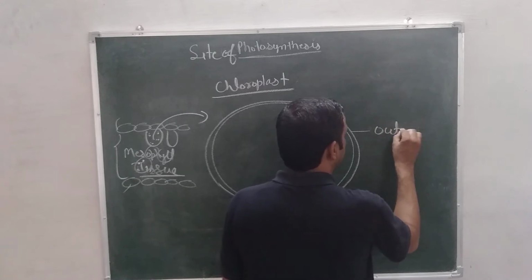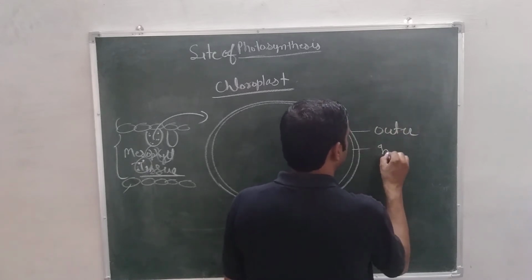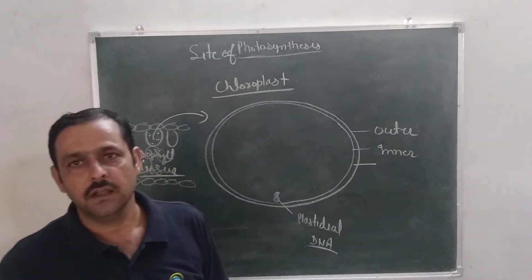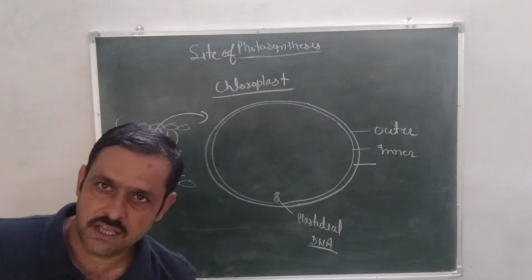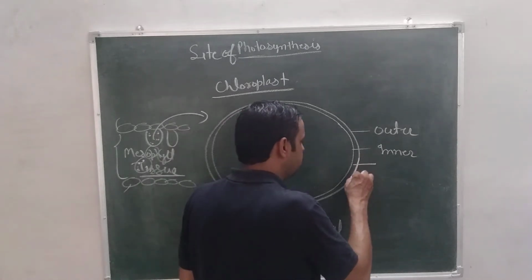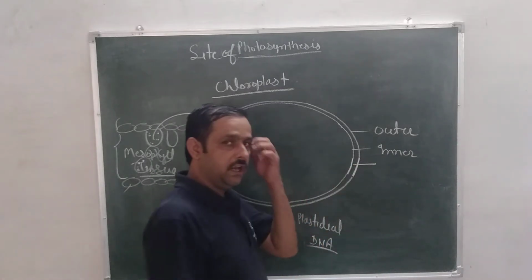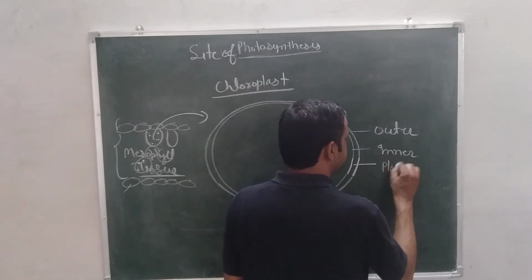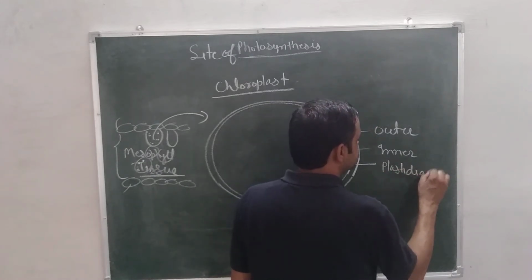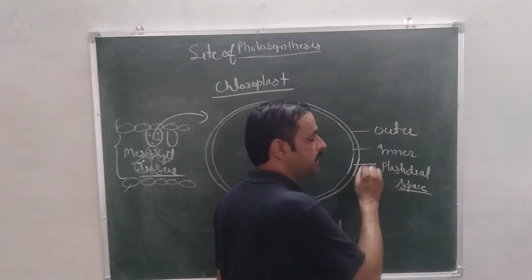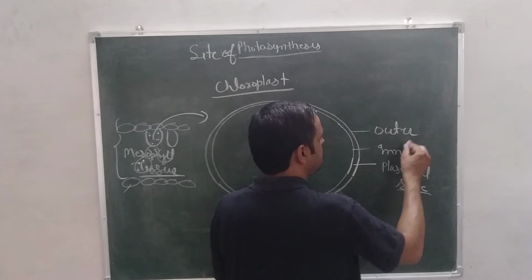First outer and second inner. The space between the two membranes is also present there, which is larger than the thickness of the outer and inner membrane, and this space is called plastidial space, or we can say interplastidial space or intermembrane space.